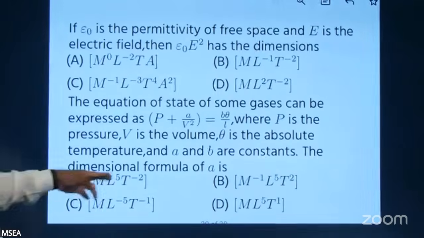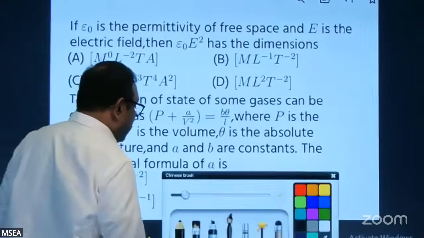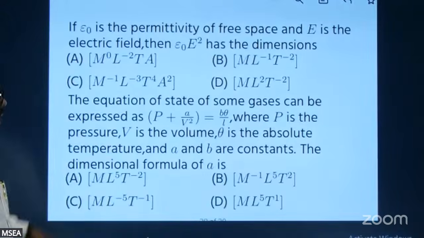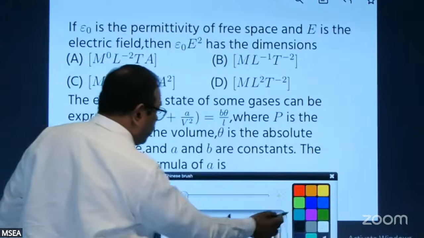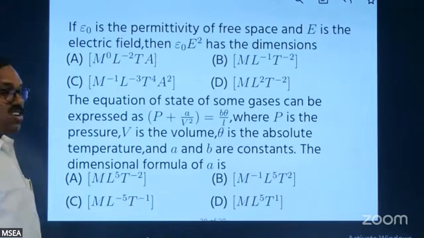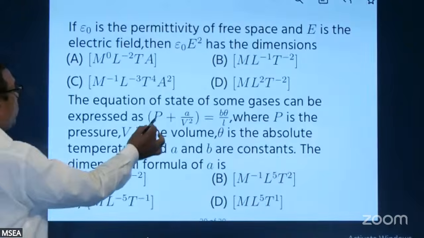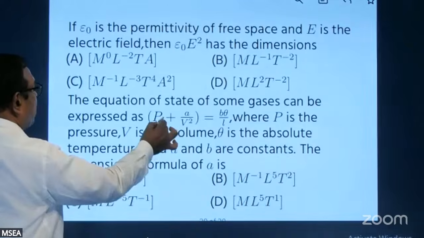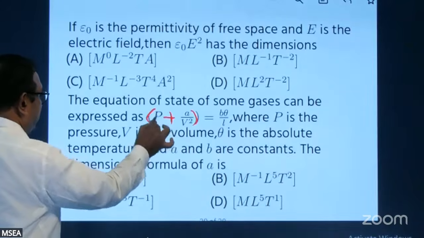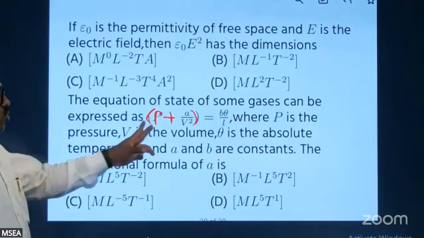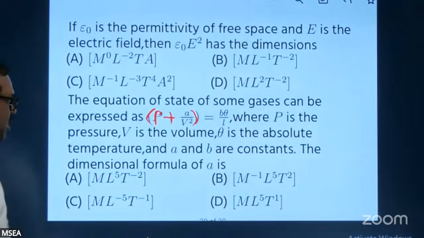The dimension formula of A is? Let us use the principle of homogeneity. If there is a plus between two quantities, those two quantities should have the same dimension formula.